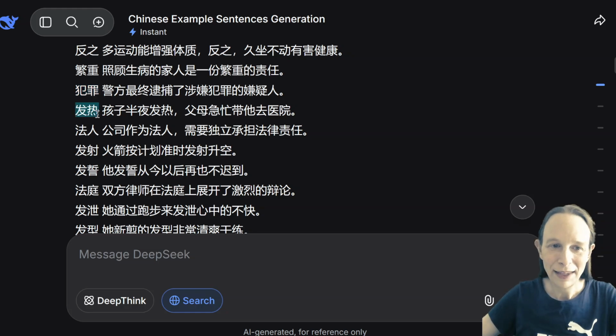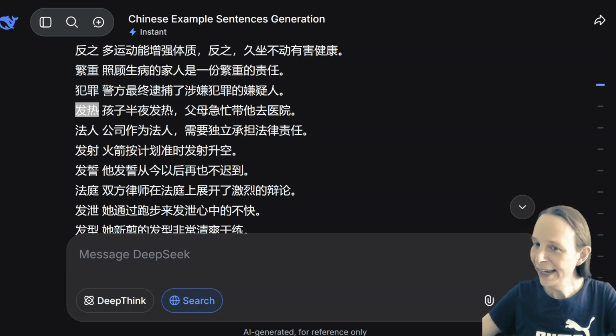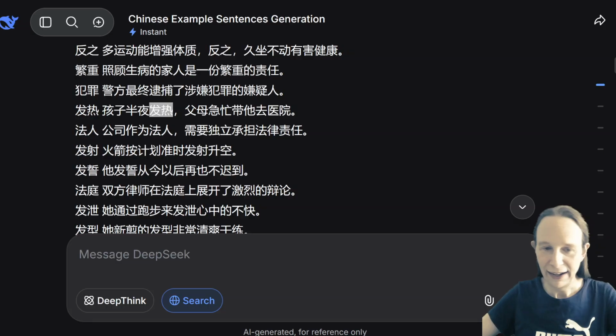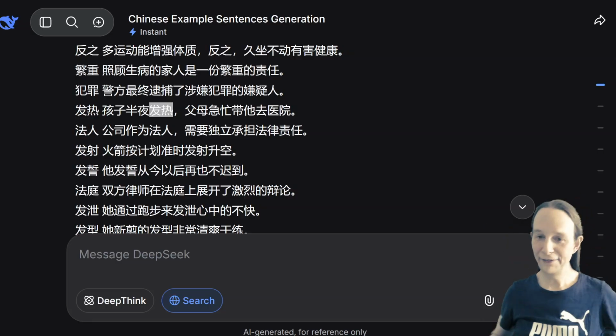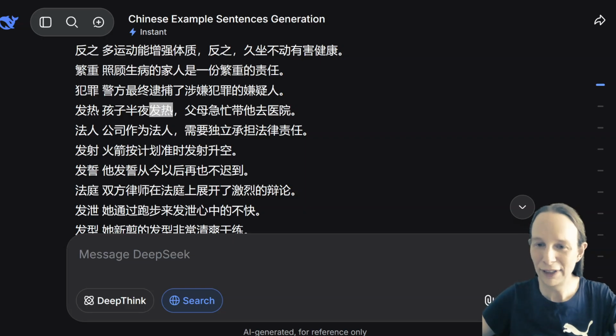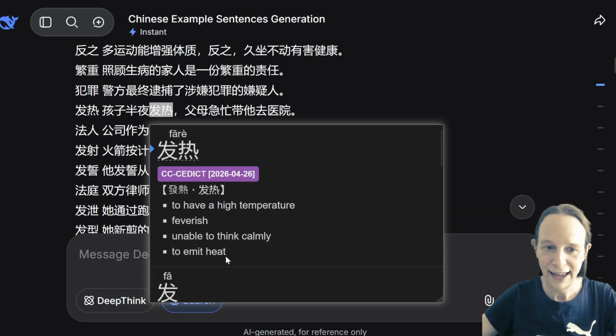发热, to emit heat. 孩子半夜发热, 父母急忙带他去医院. Okay, so 发热 here means having a fever. Like 发烧. I think it literally just means emit heat.